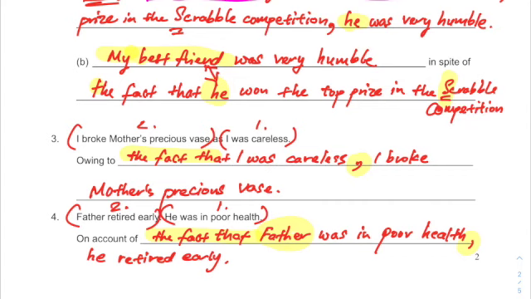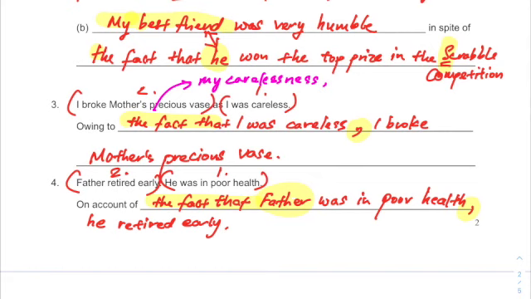So owing to the fact that I was careless, so owing to my carelessness, comma, right, I broke mother's favorite vase, right? That works. And this one, on account of father's poor health, comma, he retired early. All right.